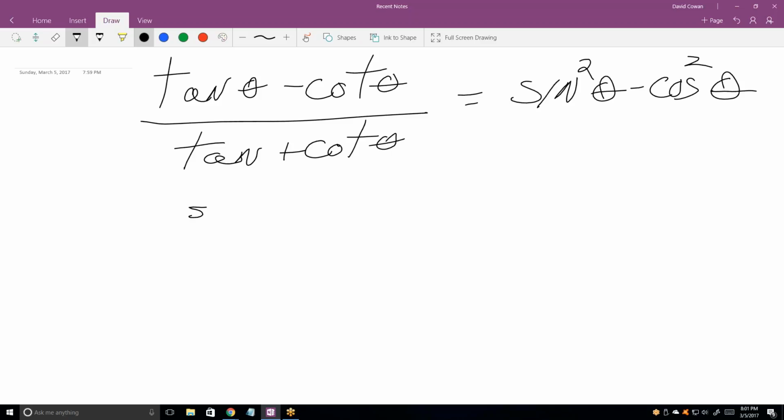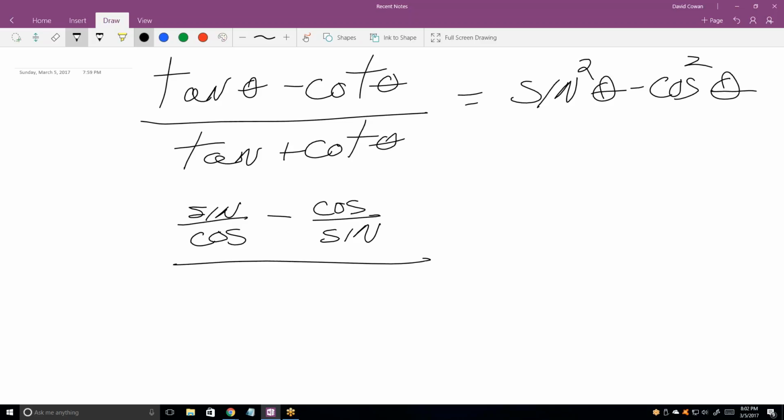Sine over cosine. Instead of cotangent? Cosine over sine. And then the bottom? Sine over cosine plus cosine over sine.